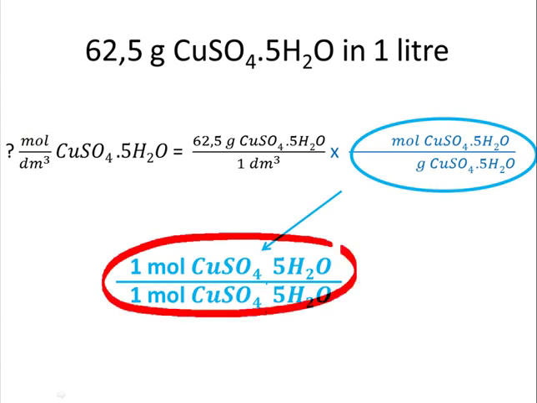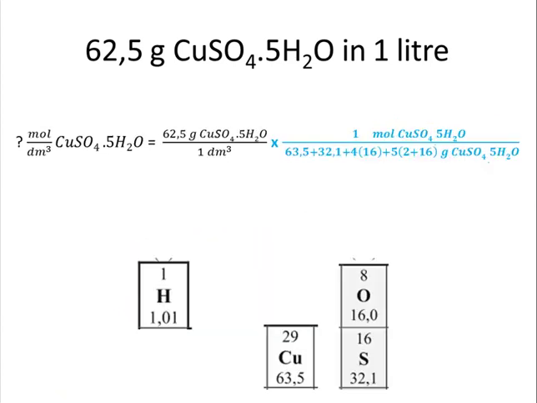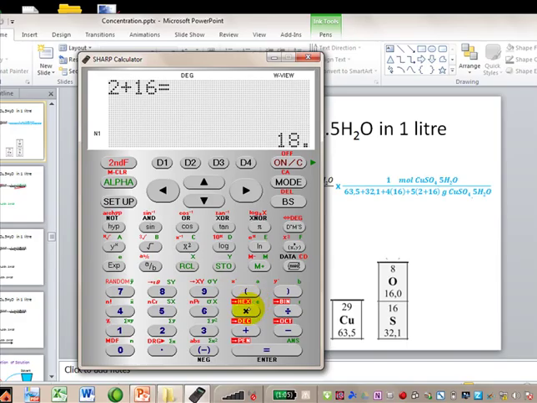The mass of a mole of copper sulfate with water of crystallization is 63,5 for the copper plus 32,1 for the sulfur plus 4 times 16 for the oxygen plus 5 times 2 for the two H's plus 16 for the O. So 18 multiplied by 5 gives you 90.